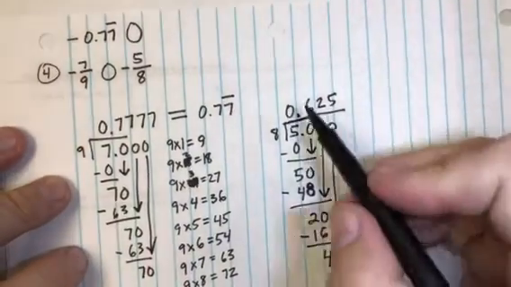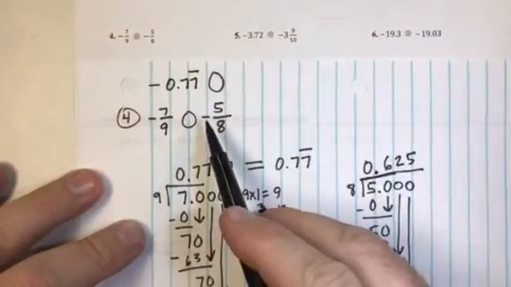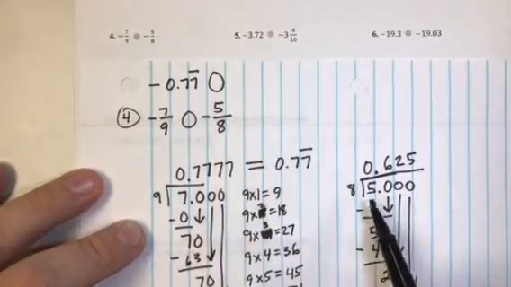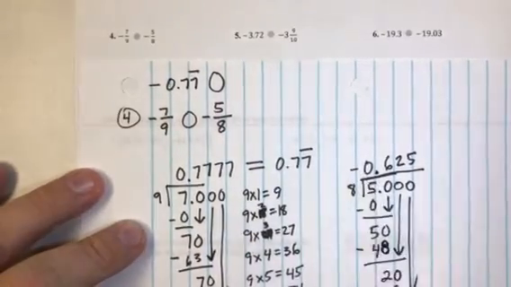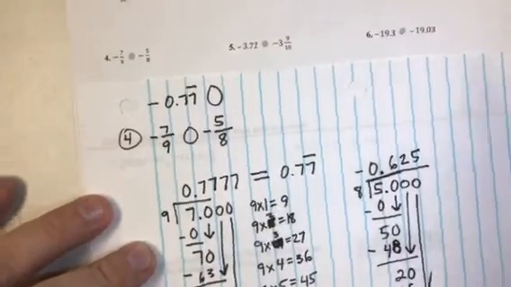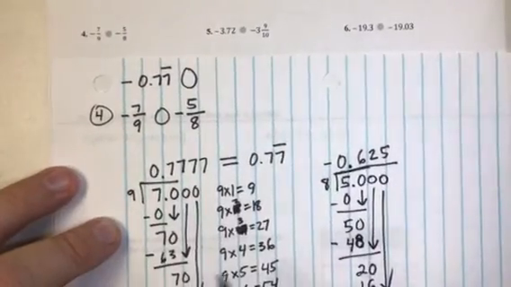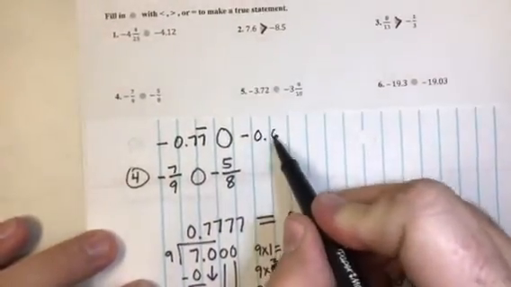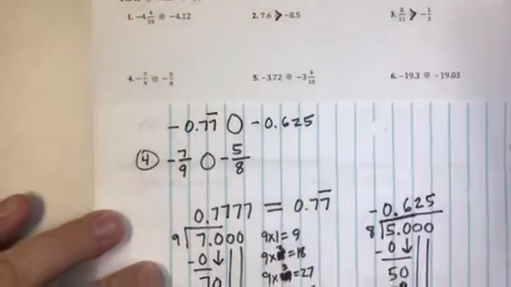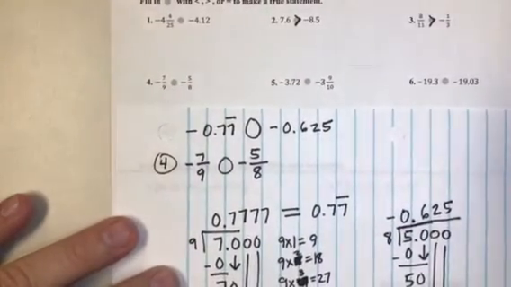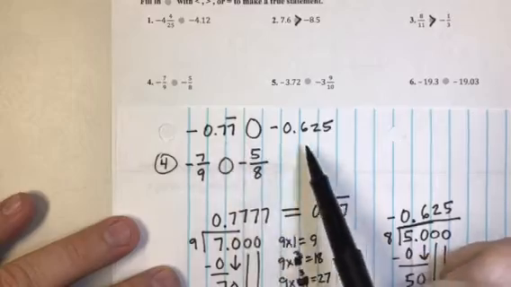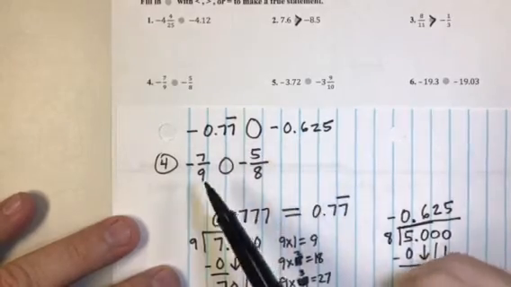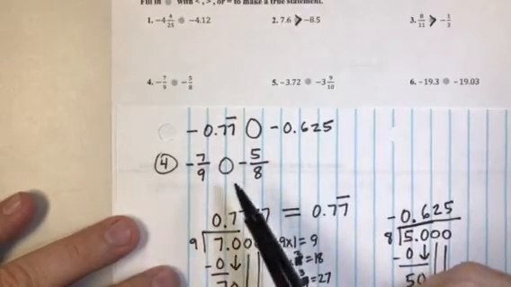So again, I'm talking about a negative 5/8. So I need to make sure that I keep that negative, so it is negative 0.625. It is much easier for me to compare decimals than it is to compare these fractions.